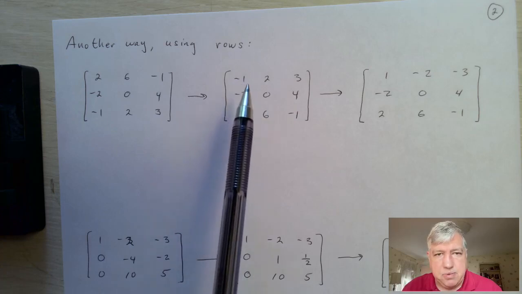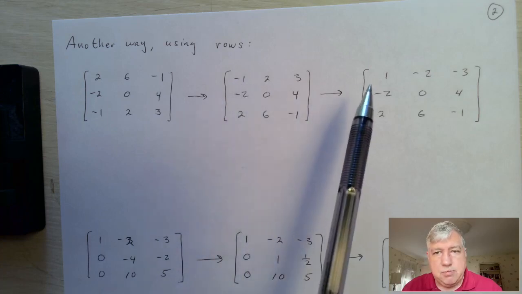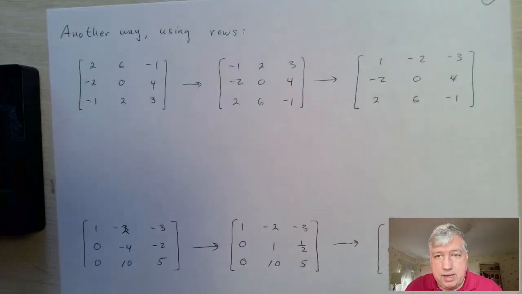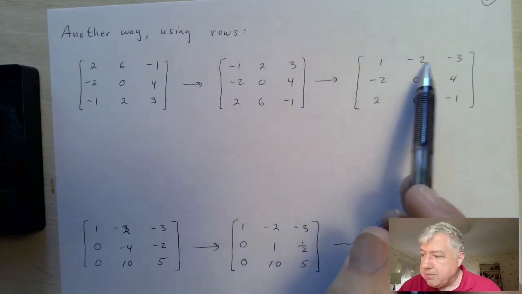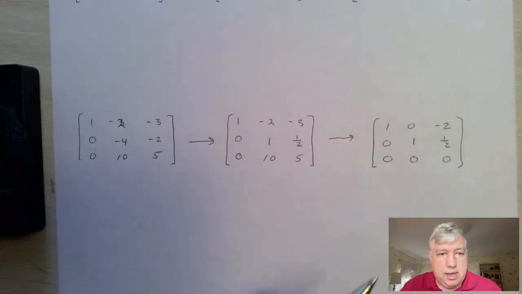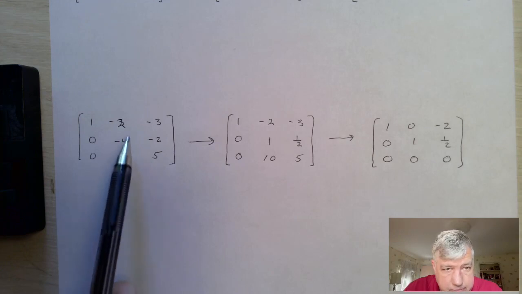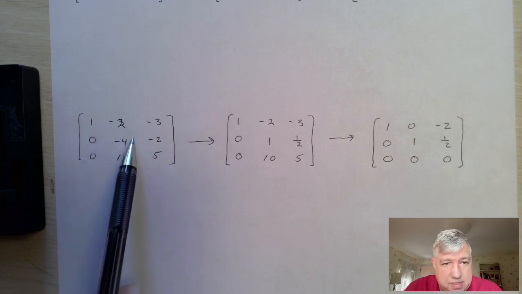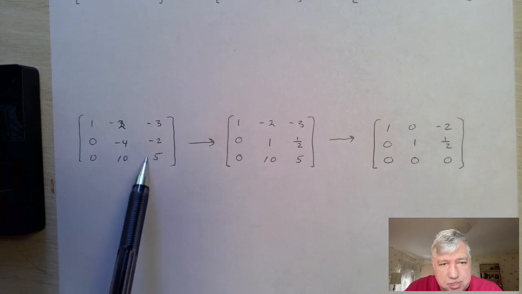Then we can multiply the top row by -1. We can add 2 times this row to this row, and -2 times this row to this row, and then we get this matrix, and we can see that these two rows are multiples of each other.